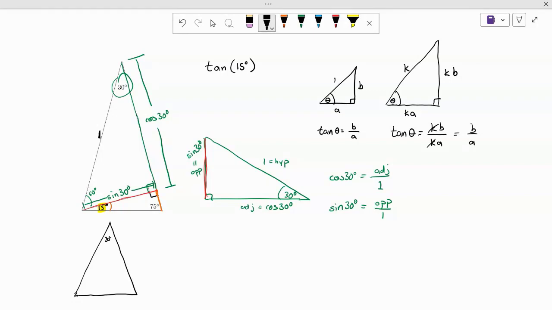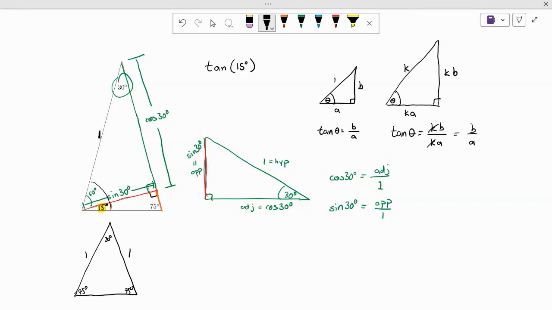Well, this angle is 30 degrees. This angle is 75. So this angle must be 75 as well. As you can tell, the 60 plus the 15 gives you 75. So we have two equal angles, so the sides opposite those equal angles are also equal. So it's an isosceles triangle, that is correct.